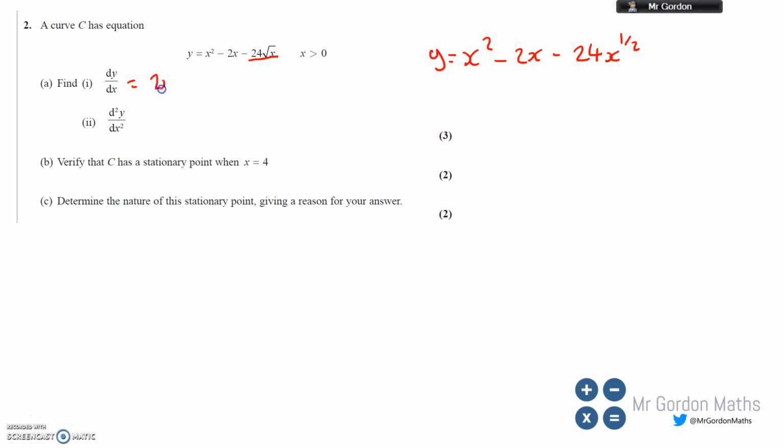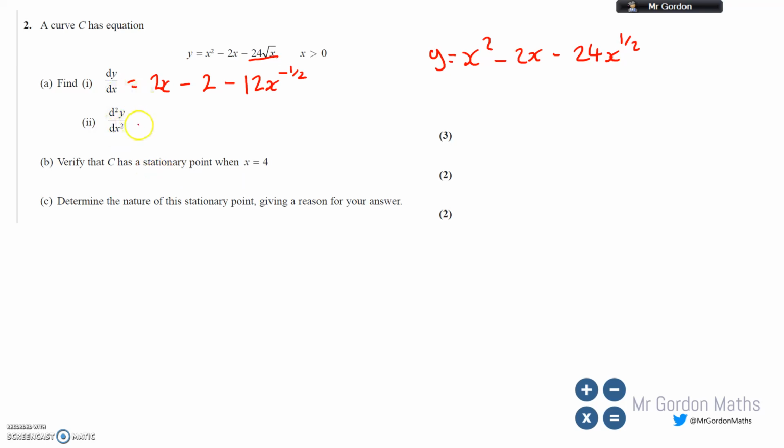We're going to get 2x minus 2, because that is x to the 1, so it becomes times by 1, that goes to 0. x to the 0 is 1, so it just leaves you with the 2. And then we've got minus, times by the power, so 24 times a half, you're going to get 12x, and reduce the power by 1. You're already at a half, so we're going to end up going to minus a half for that one. That's the first bit done.